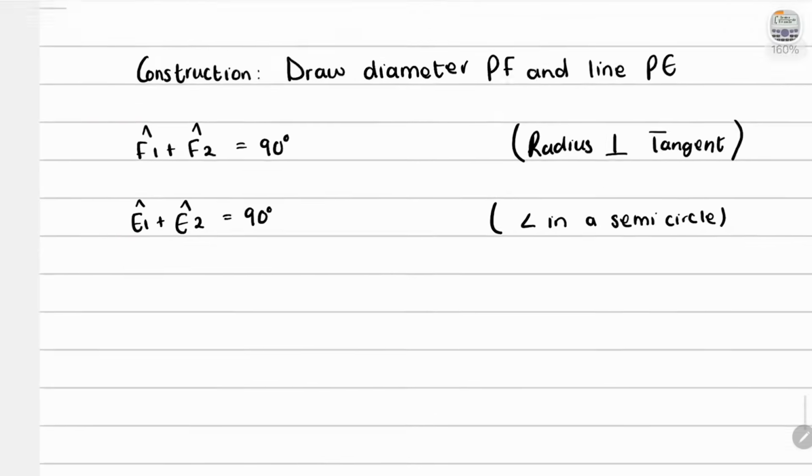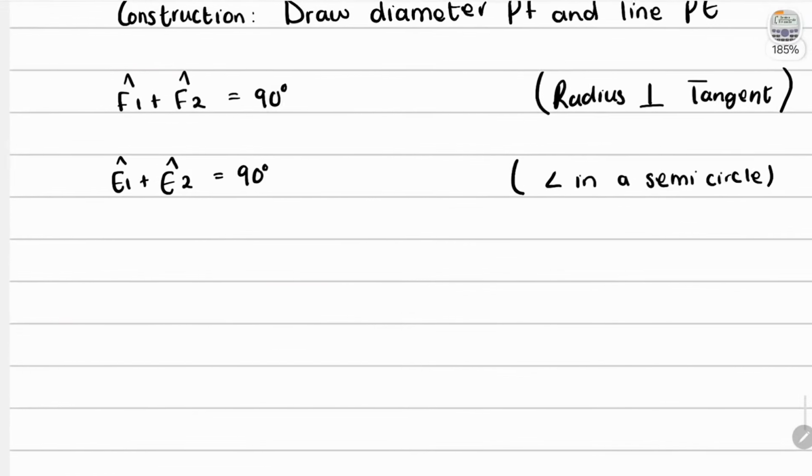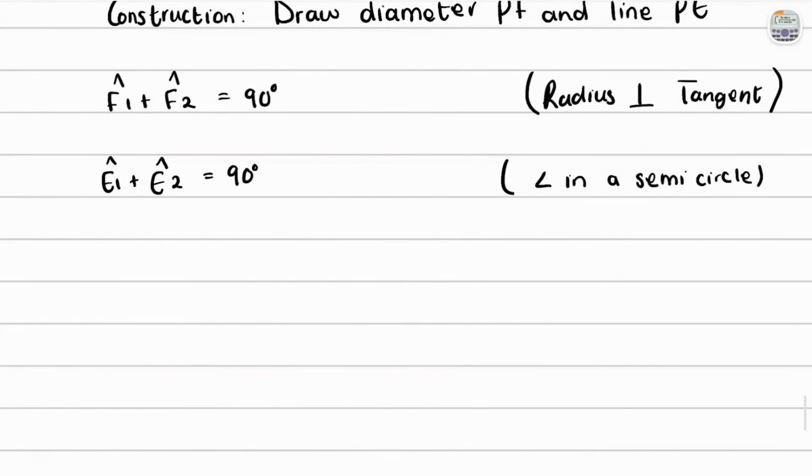Okay, now that we have shown them that they both add up to 90 degrees, this does not prove that they're equal yet. However, if we can prove that one of them, one set is equal, like F1 is equal to E1, or that F2 is equal to E2, it would mean the other pair would be equal as well. So that's what we're going to focus on.